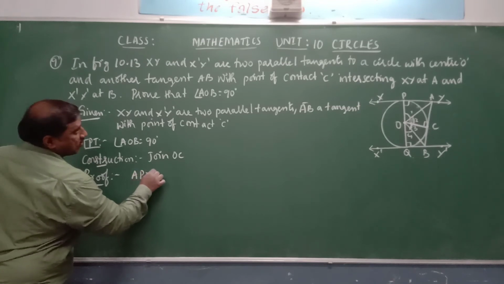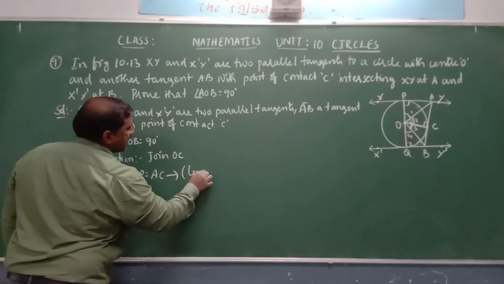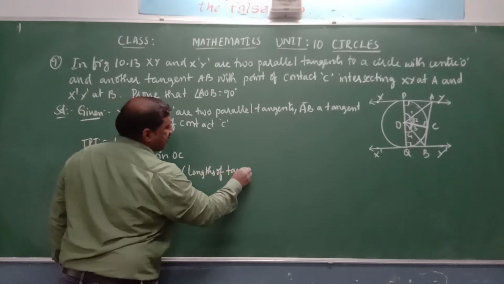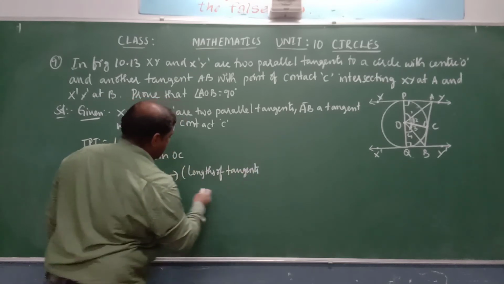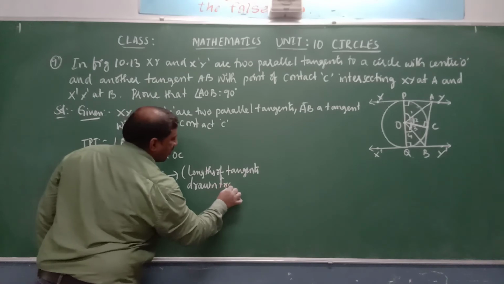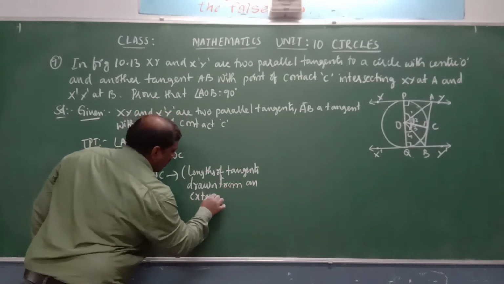AB is equal to AC, that is, lengths of tangents drawn from an external point are equal.